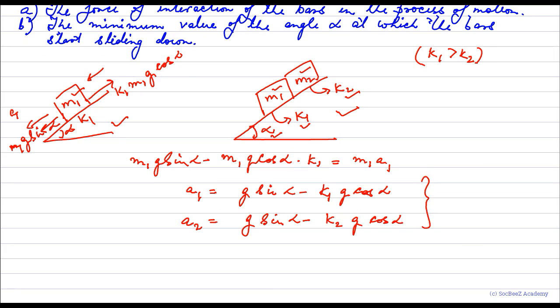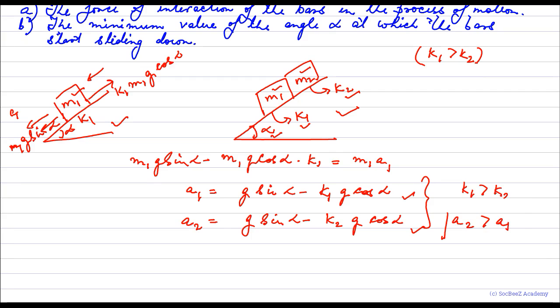I derived these two expressions just to compare the magnitude of the two accelerations if the bodies were individually moving on this rough inclined plane. Clearly from these expressions, since k1 is greater than k2, a2 is going to be greater than a1.